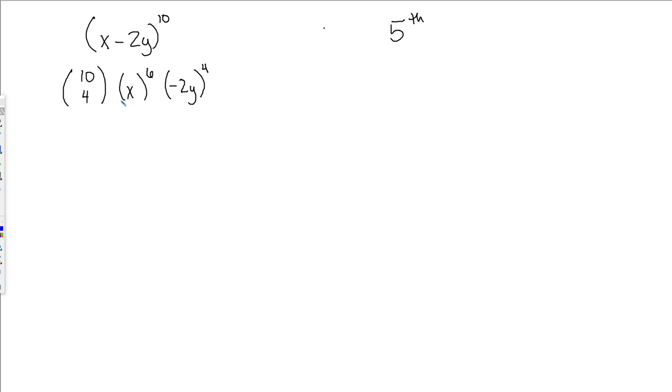Timmy, what is 10 combination 4? See if you can find it. Ben? The 10, 10 combination 4. Do you have that? Not 10 divided by 4.